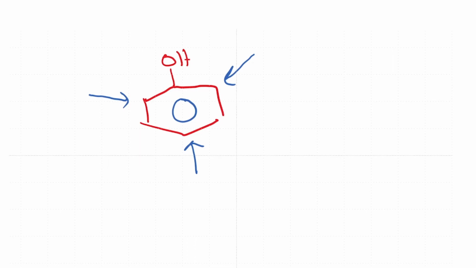So it is not surprising that these positions are more reactive. The electron density on these carbons is higher, and this results in increased reactivity of these positions. We'll also look at the energy profile in more detail in a later lecture, but this certainly contributes to the ortho-para directing ability of phenol.